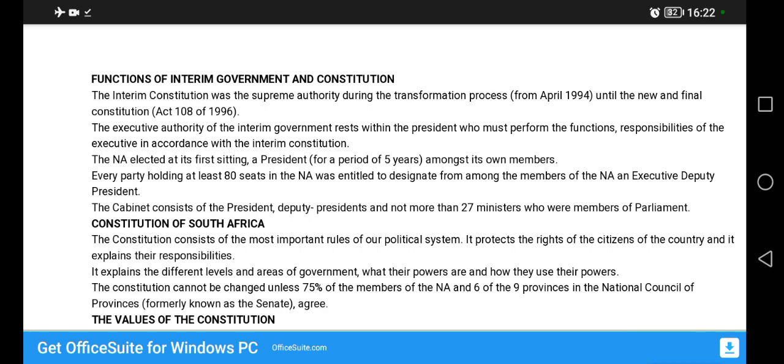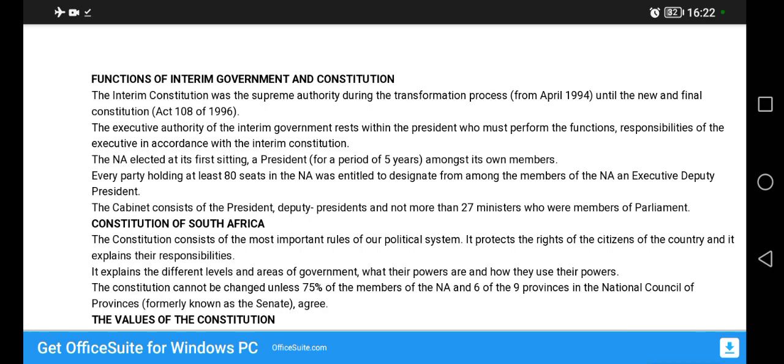So basically they are talking about how the constitution was formed. The constitution was formed after we transformed from the era of apartheid. We transformed into a democratic country, and we are now following what we call the constitution.